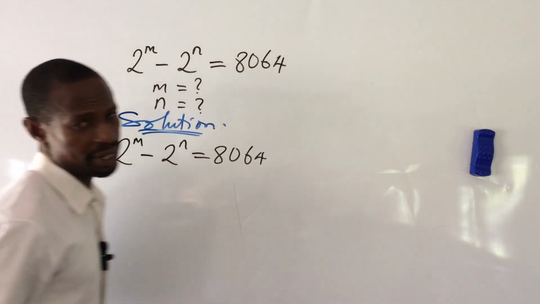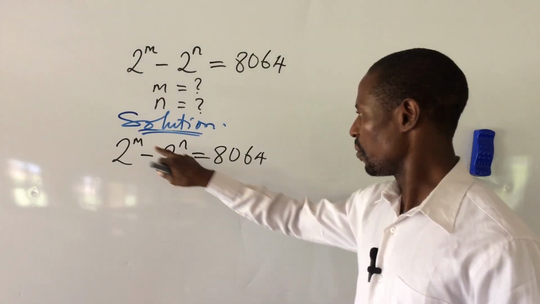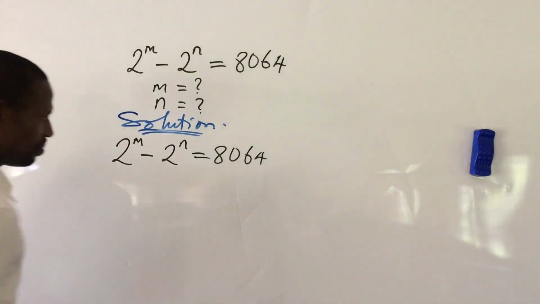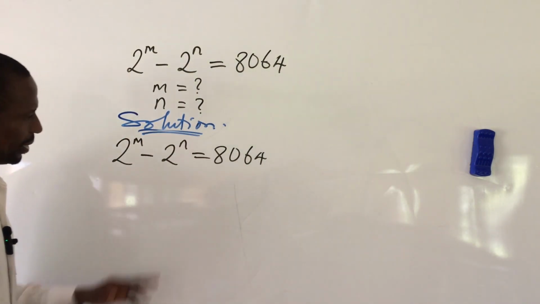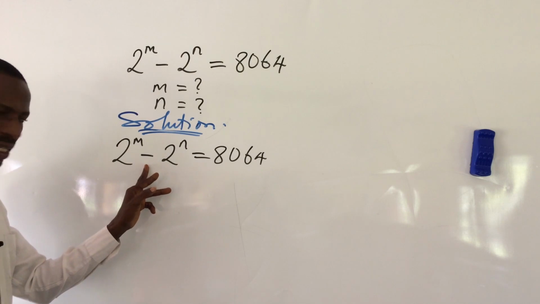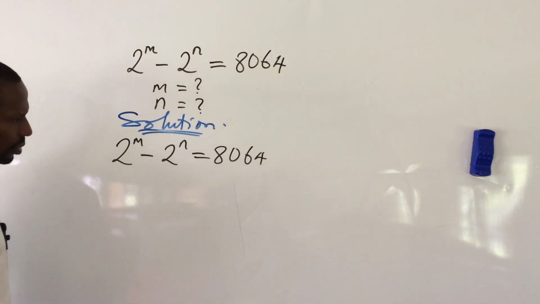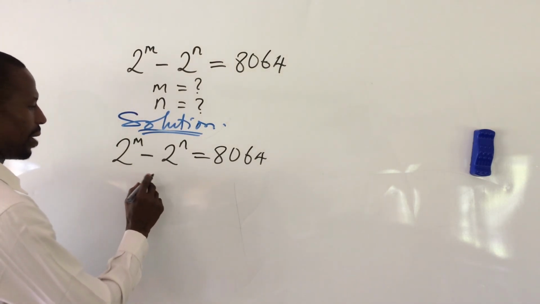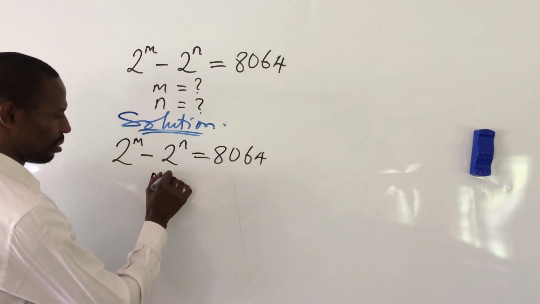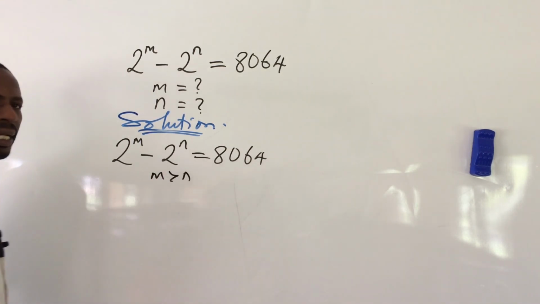In this question, we have to define the domain of m and n. If you look, this is a difference. So in other words, if we check carefully, our m must be greater than n.